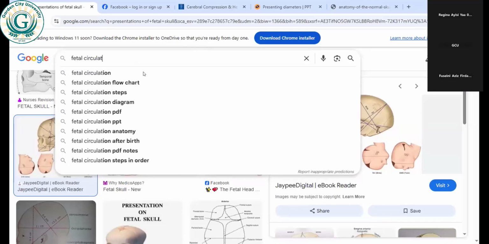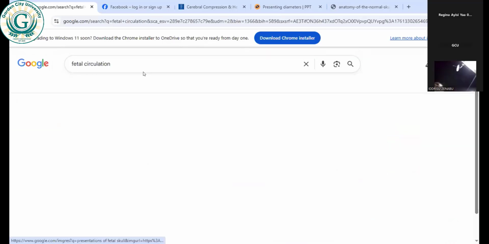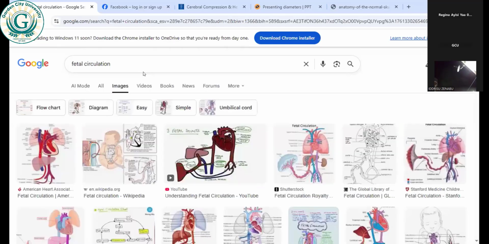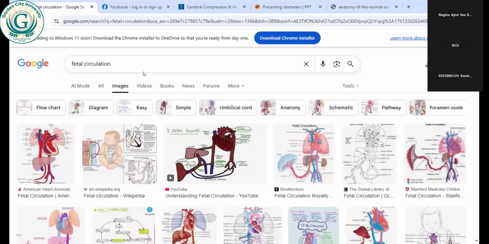Please, I want to ask, with the fontanelles, the anterior fontanelle, we had the measurements for it, but it seems we didn't get for the posterior fontanelle. Please, did you get my question? Yes, I got your question.